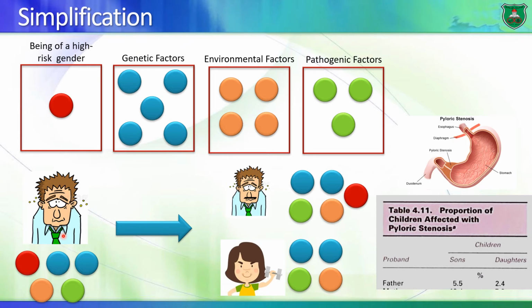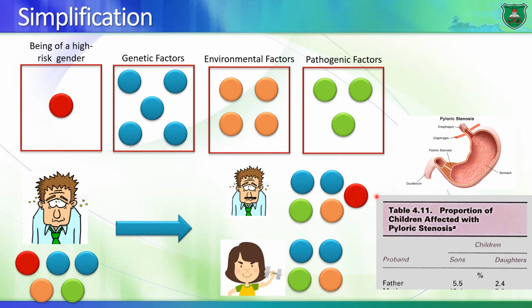Now, the question is, what is the chance that a female member of the family would be affected and a male member of the family also being affected? Well, there's a higher chance that a male member would be affected than a female member because this condition is associated with being male.